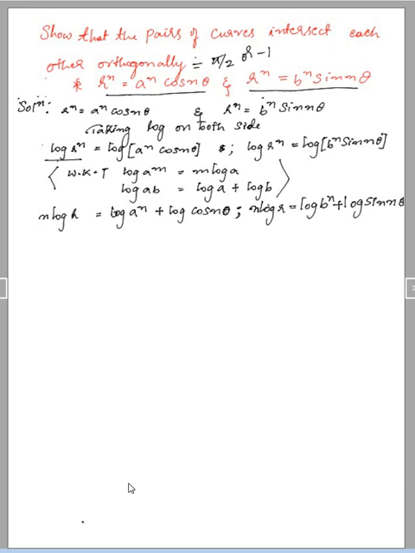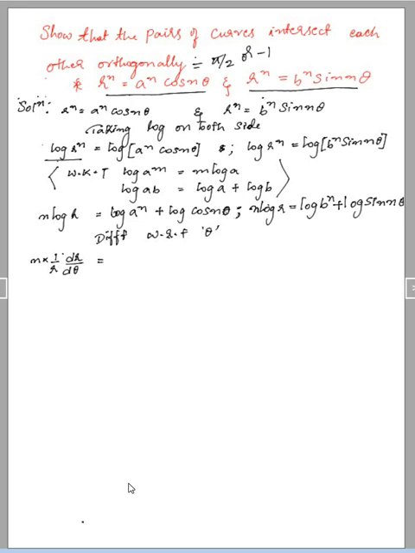Now we are going to differentiate with respect to theta, on both the sides. We are going to get n, which is constant here. Differentiation of log r is 1 over r into derivative of r, which is dr by d theta.